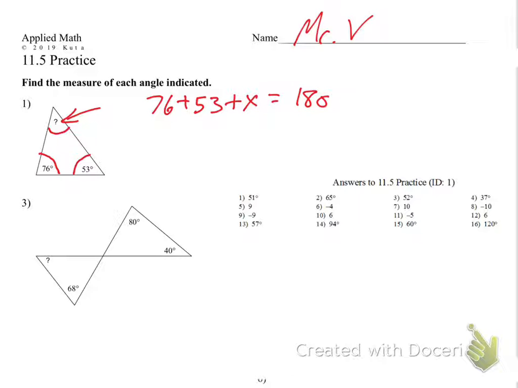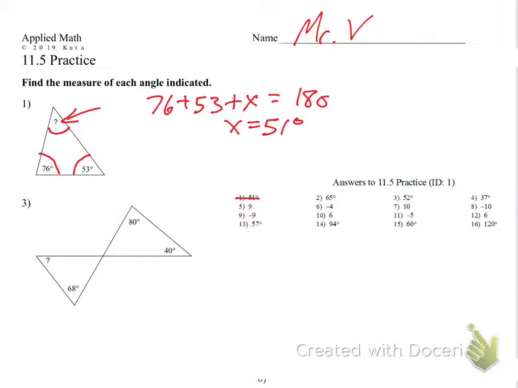So then I'll just take my calculator and do 180 minus 76 minus 53. That'll get x equals 51. And this would be degrees because we're finding how many degrees that triangle is. So first one, 51 degrees, we're good to go.